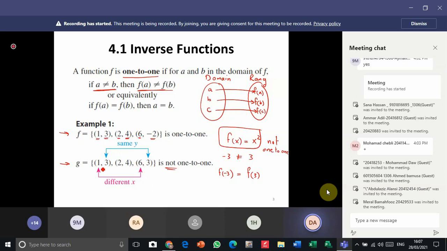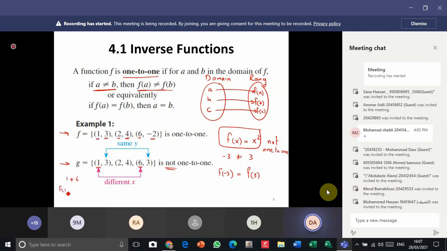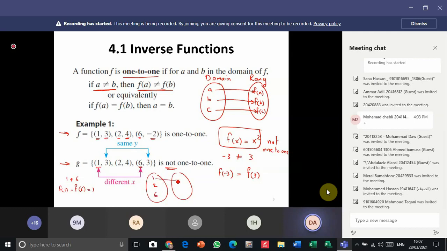Why is g not one-to-one? Look at this. We have 1 linked with 3, and 6 linked with 3 also. So we have 1 not equal to 6, but g(1) equals g(6). Both equal 3. Also in the Venn diagram, we have 1, 2, and 6. 1 connects with 3, 2 connects with 4, but 6 also connects with 3.